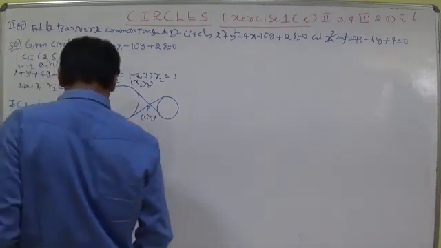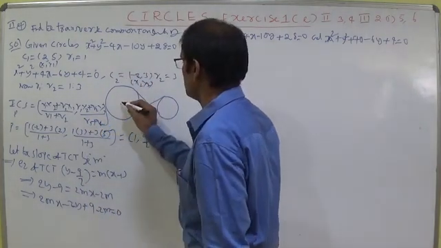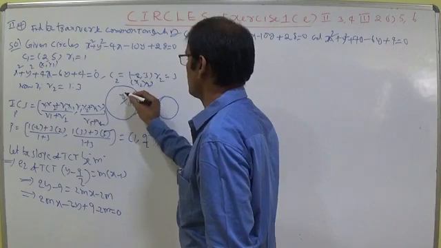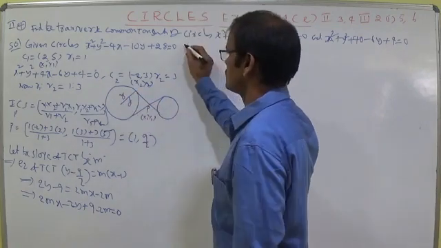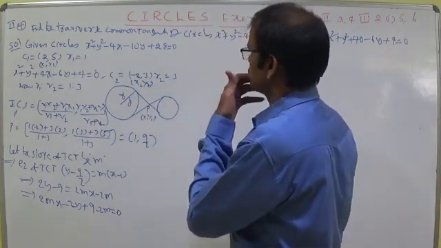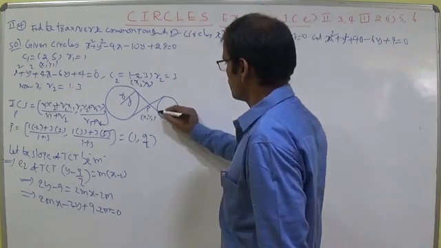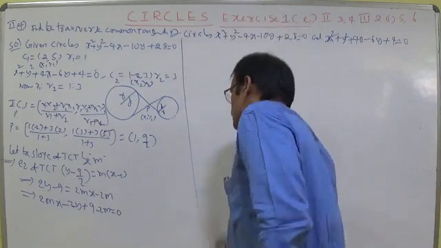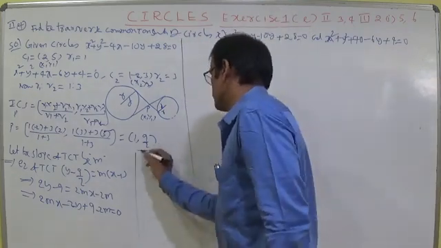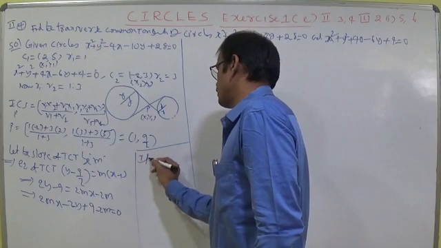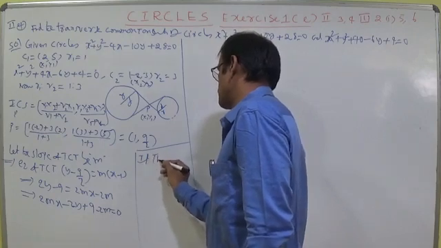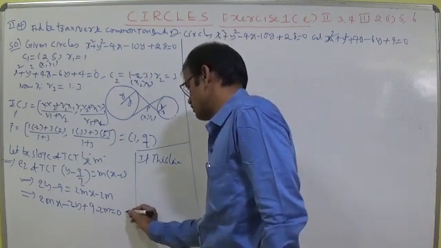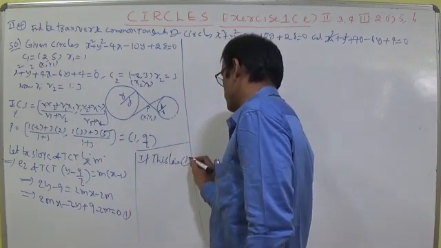If this is a tangent to the circle, use the condition r is equal to d. Use the condition that r is equal to d for the first circle or second circle, anything. I think the second one is easier.